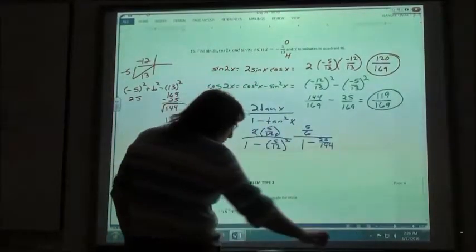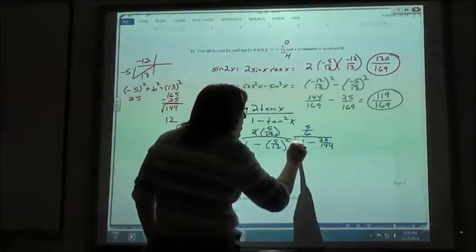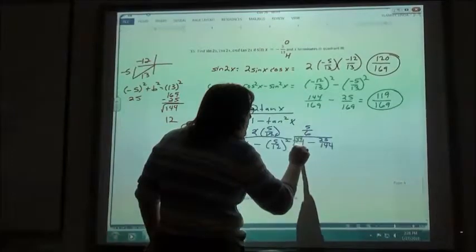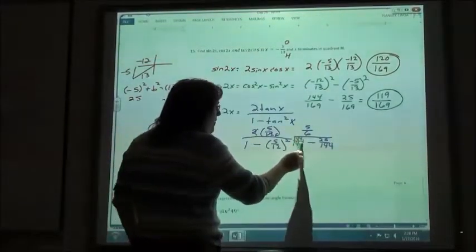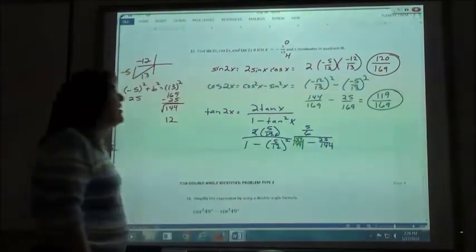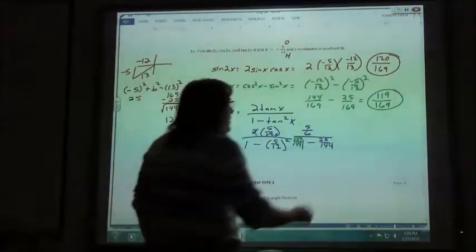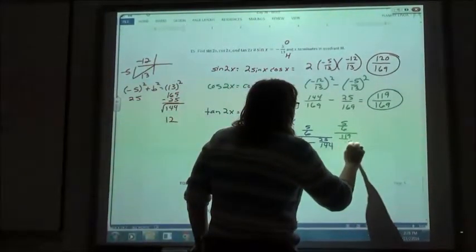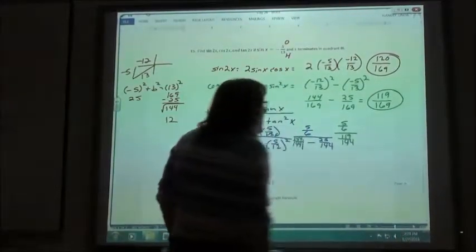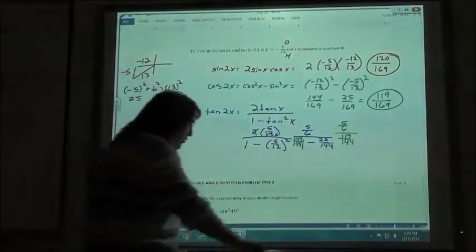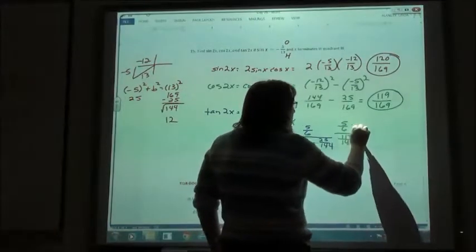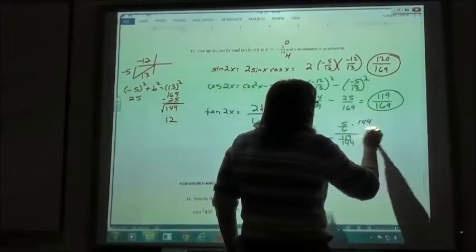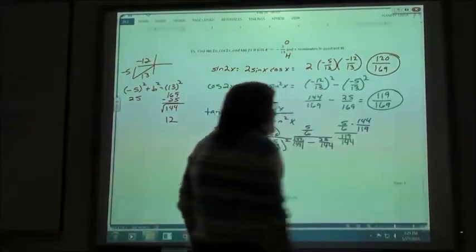Making my equivalent fraction here, this would be 144 over 144. So 144 minus 25 is 119. So I'm going to have 5/6 over 119 over 144. I have to invert and multiply. So I'm going to multiply 144 over 119.